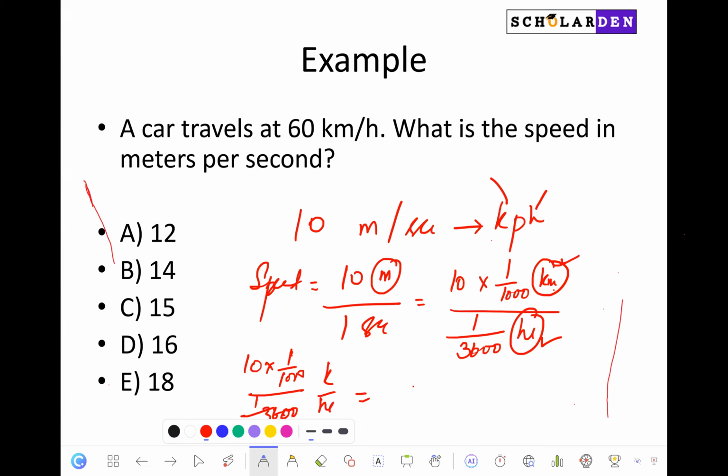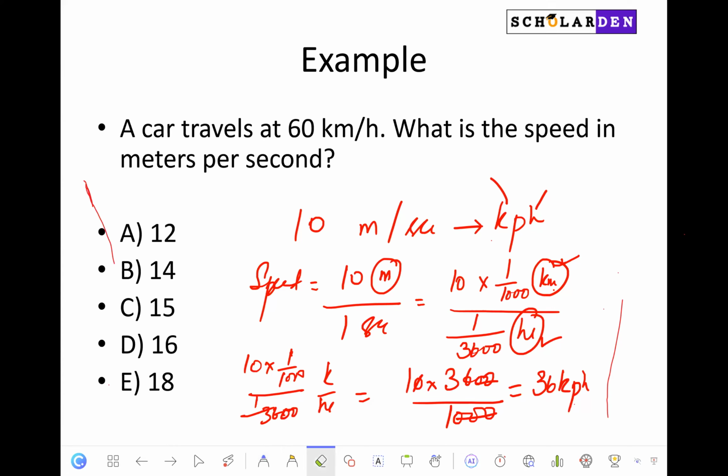Then we get 10 times 3,600 over 1,000. If we cancel out all the zeros, our final answer is 36 kilometers per hour. Is it 36 or 3.6? It should be 36, no?